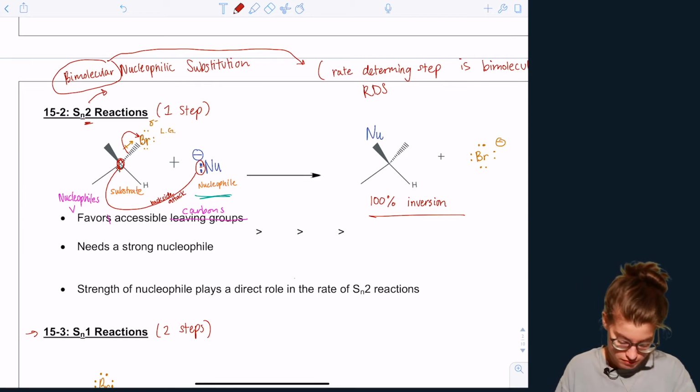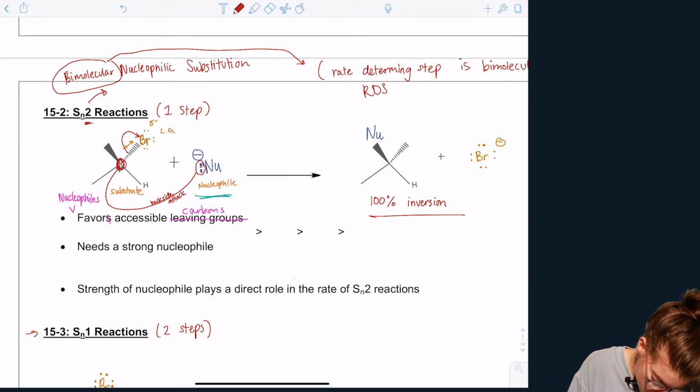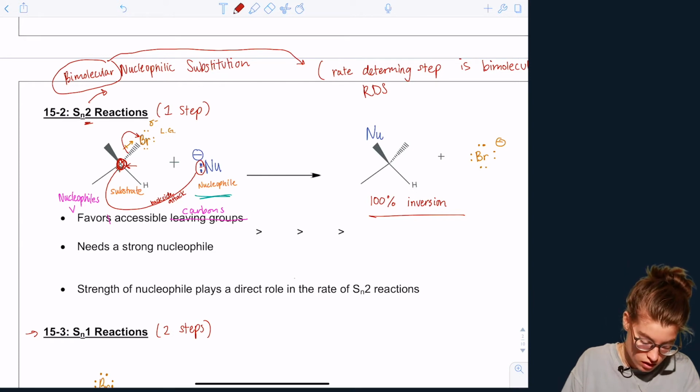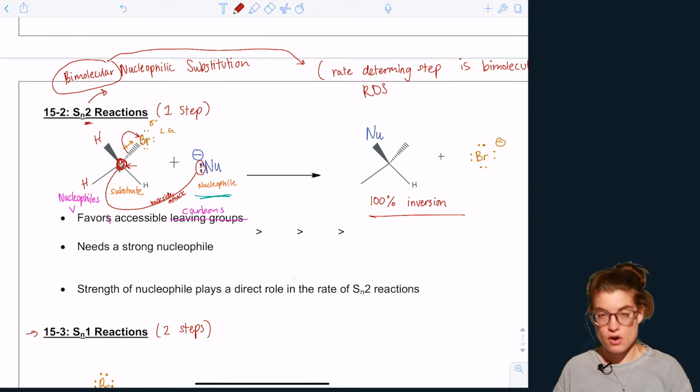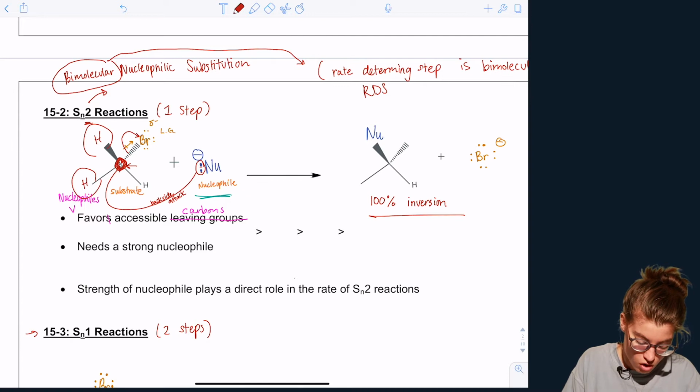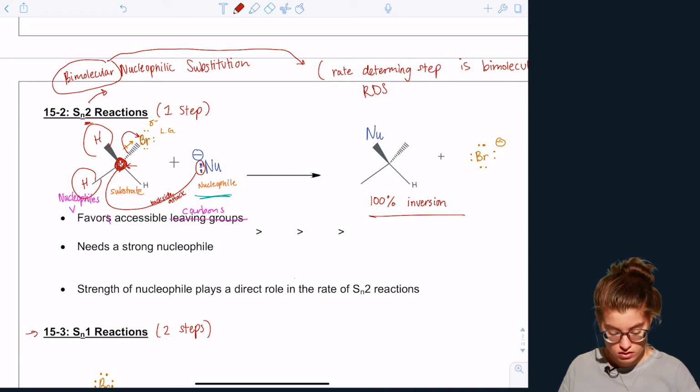So for example, if this was a methyl carbon, then it would have hydrogens on it with its leaving group, okay? Now hydrogens are pretty small, okay? So it's easier to access this carbon when these groups are small because there's less crowding, right?